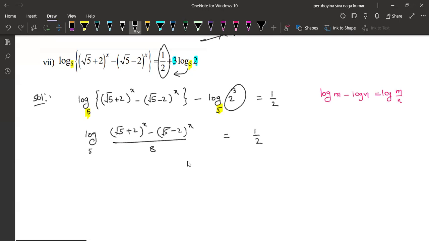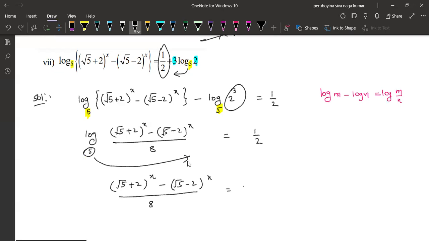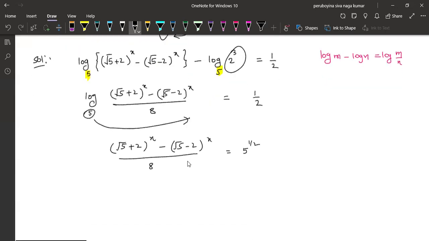You can send this base 5 to the right side so that the logarithm will vanish. So (root 5 plus 2) whole power x minus (root 5 minus 2) whole power x, whole divided by 8, is equal to 5 power 1 by 2, since the base moves to the right side. Fine.